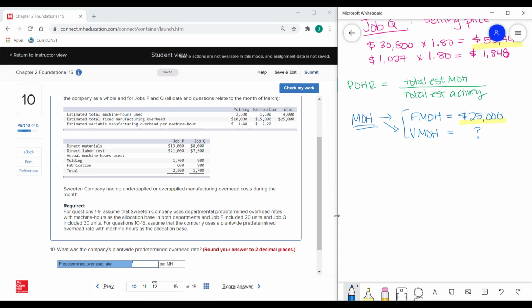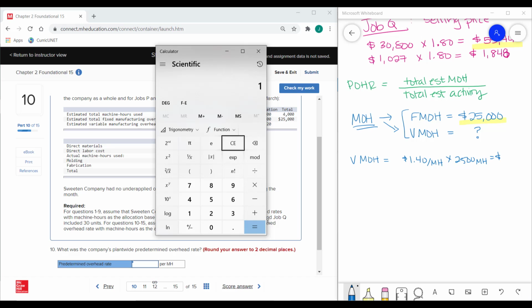But here they give us the estimated variable manufacturing overhead per machine hour for each department. So to find the variable manufacturing overhead, we'll first start with the molding department. On average, they're estimating that it would cost about $1.40 per machine hour within the molding department. And how many machine hours were used within the molding department? 2,500. We already did this calculation in the earlier batch, but we'll do it again. So $1.40 times 2,500, that's 3,500.